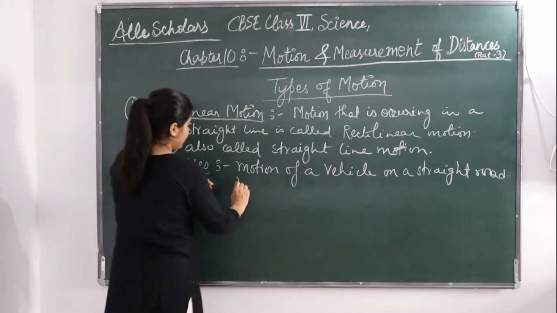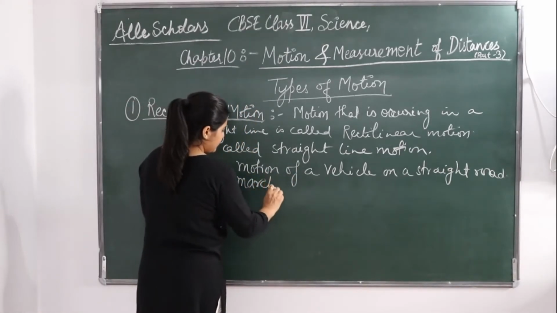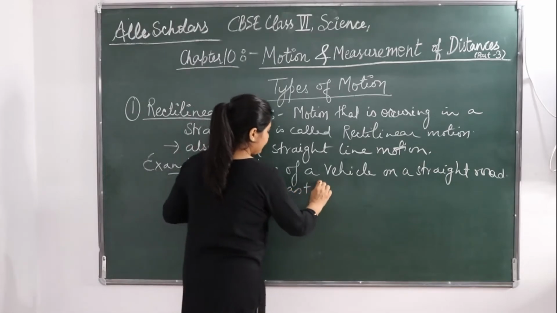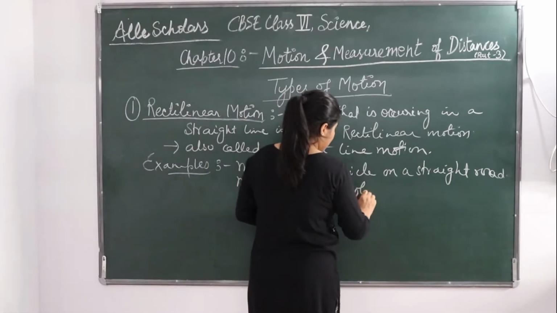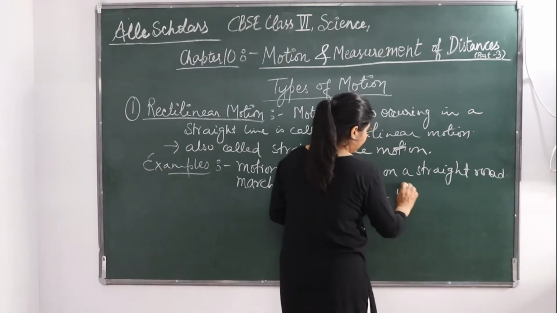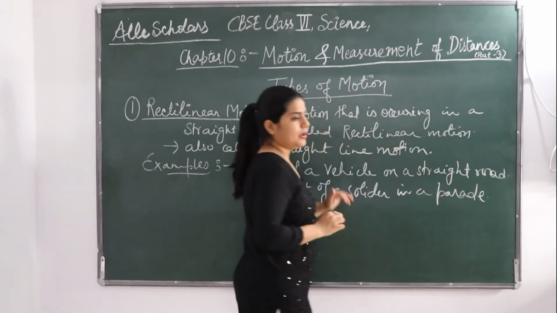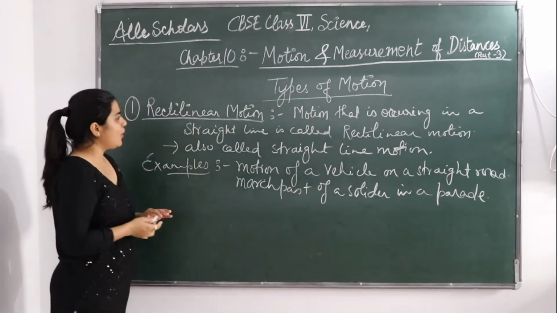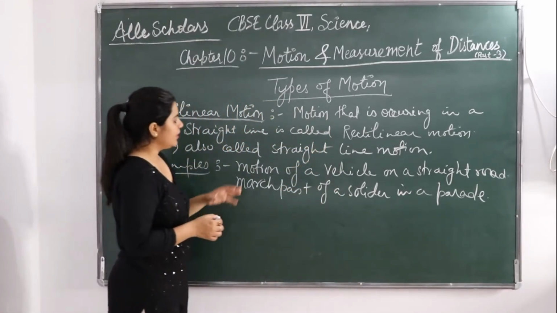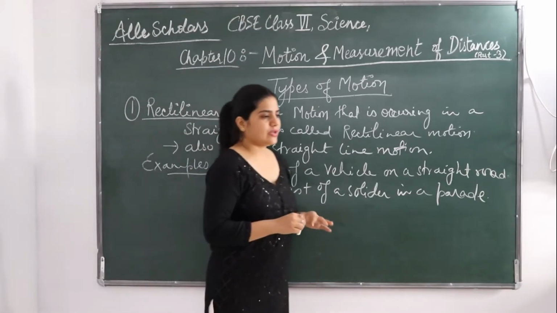Okay? So march past of soldiers in a parade is also an example of rectilinear motion or a straight line motion, you can say.